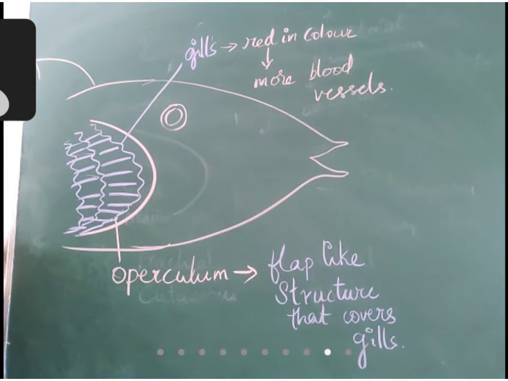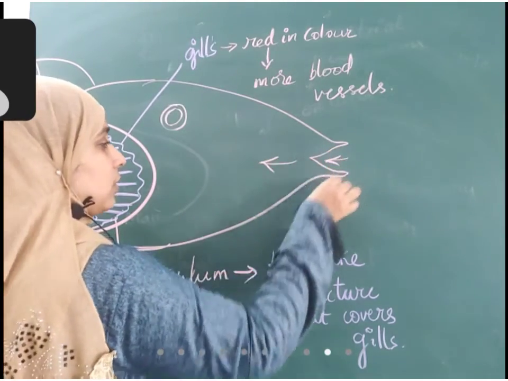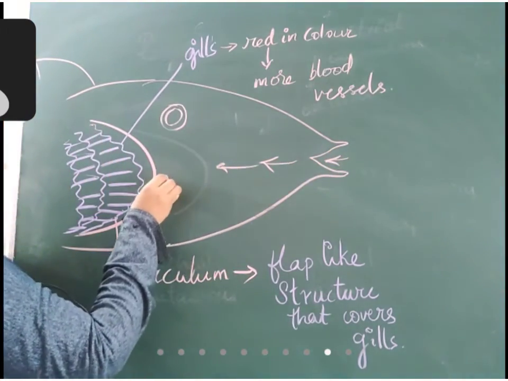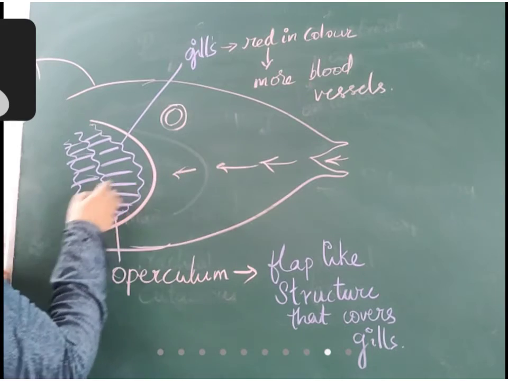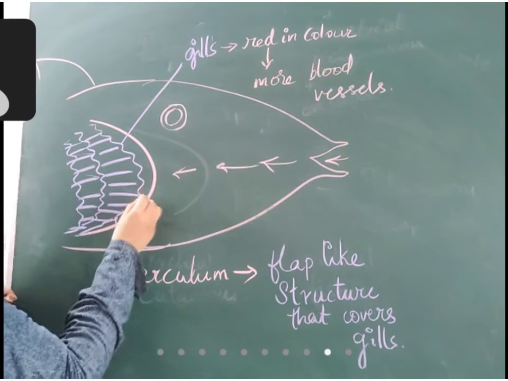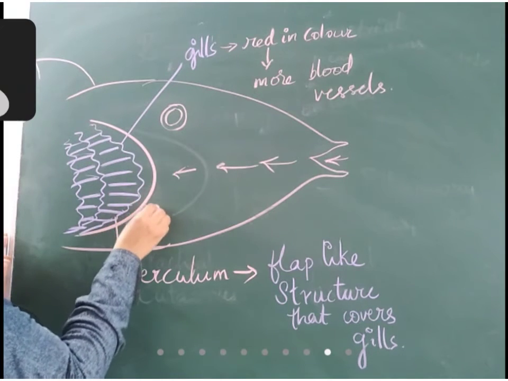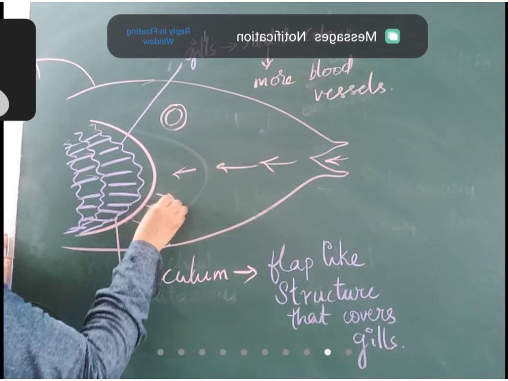So how does respiration occur in fish? Fish takes the water inside through the mouth. When water is entering into the body, it passes through the gill slits. There is an opening, and when the operculum opens, the water comes out of this opening.